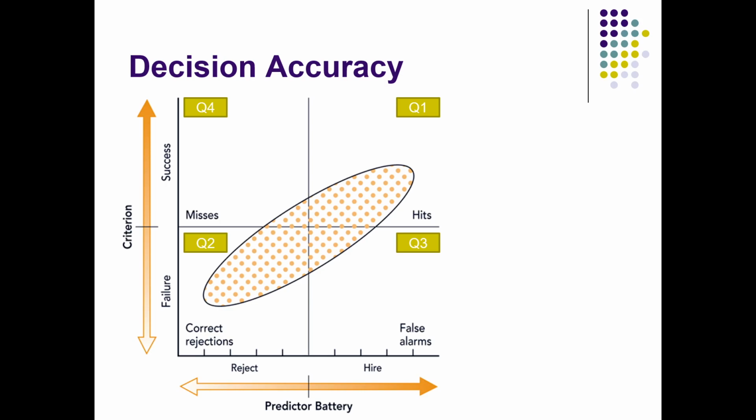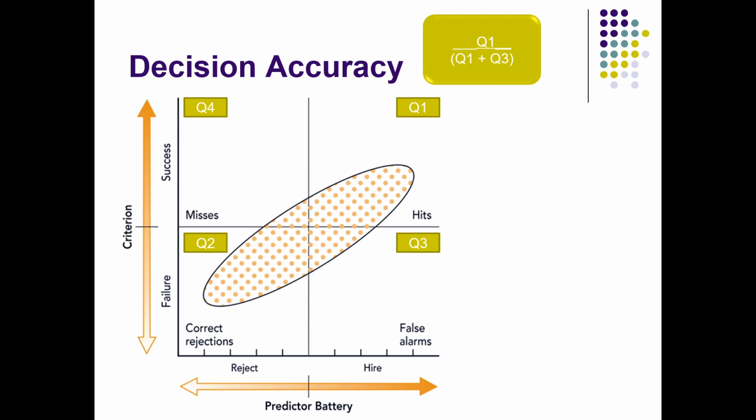So we want to maximize the quadrant 1 and 2 decisions, and we want to minimize the quadrant 4 and 3. Now you got to remember that our hires are going to be composed of quadrant 1s, the hits, people we should have hired and that we did hire, and the quadrant 3, right, which is where we hired them and we shouldn't have.